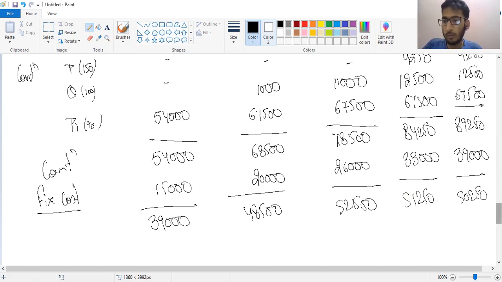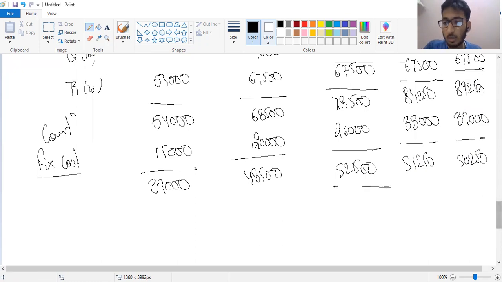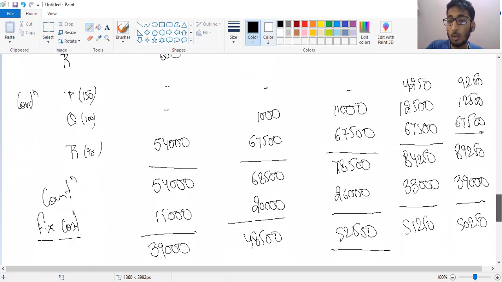So the best option is, I'm getting maximum profit at the 2,800 level.